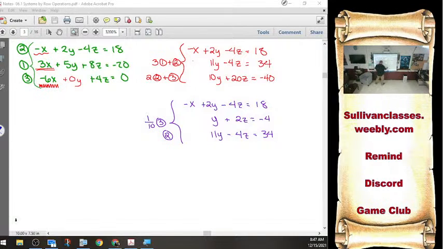And the last step is, I'm not touching this. I'm going to take -11 times this to get rid of that. Equation 3 minus 11 equation 2's.